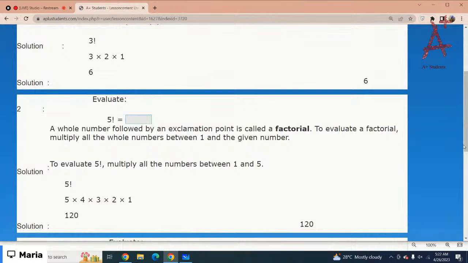Whenever you have a number followed by an exclamation mark, that is a factorial. To evaluate the factorial, multiply all the whole numbers between 1 and the given number. Like if you are given 5 factorial, you multiply 5, 4, 3, 2, 1. That would be 120. Got it?